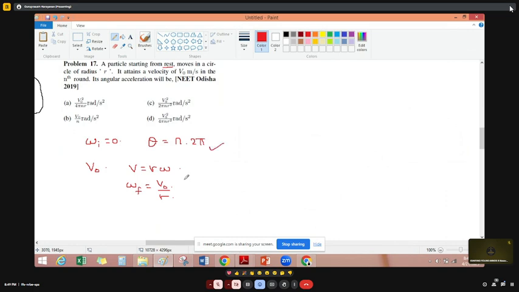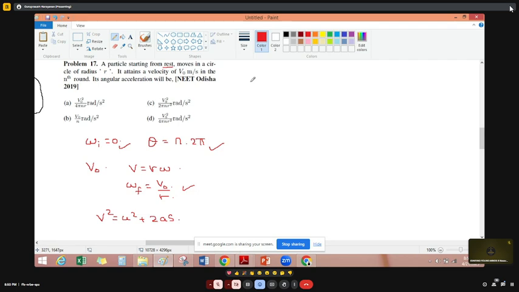So S is given, V is given, U is given. That means alpha is asked, which means time is not involved. Whenever time is not involved, I will use this formula: V squared is equal to U squared plus 2AS.